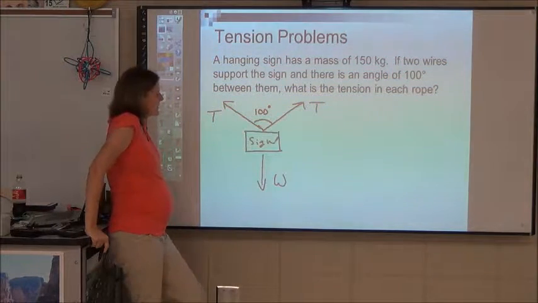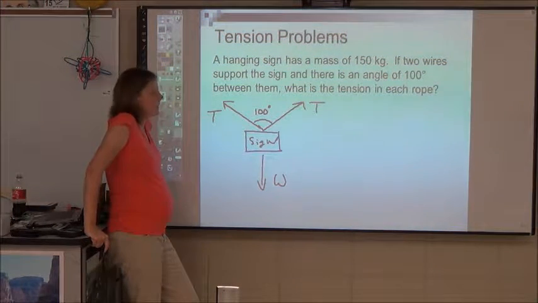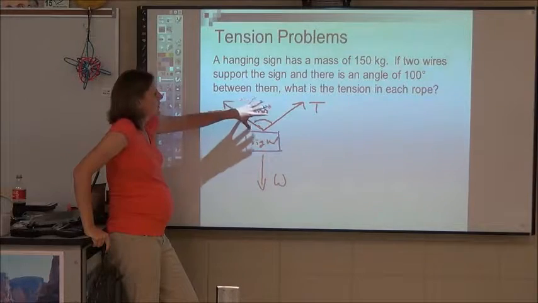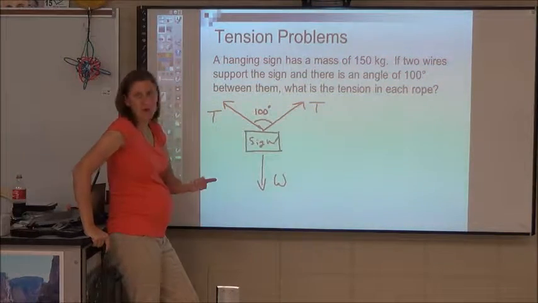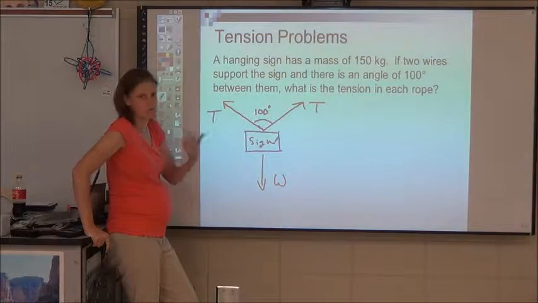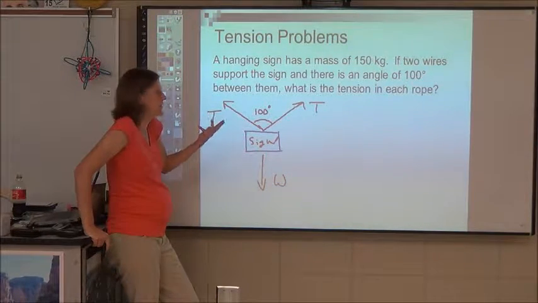Okay, so there's our hanging sign. We have two ropes, 100 degrees between them, so a symmetrical setup. Weight's pulling it down. There's no normal force, there's no surface it's sitting on, there's no friction, because there's no surface to provide the friction.